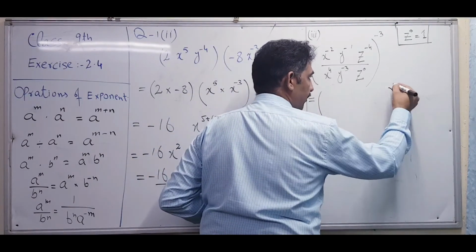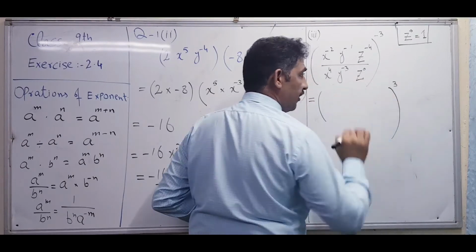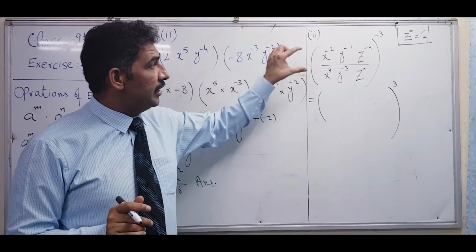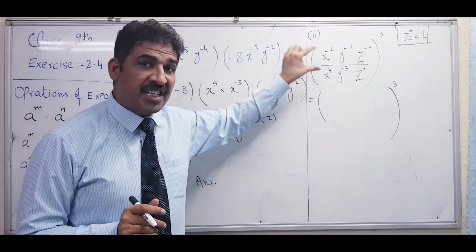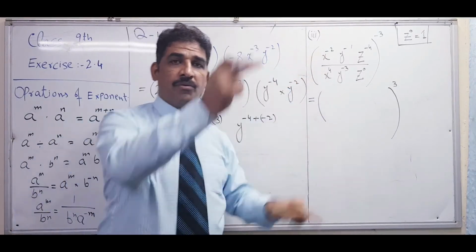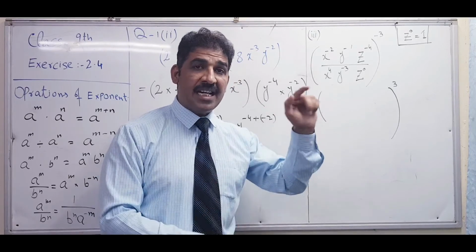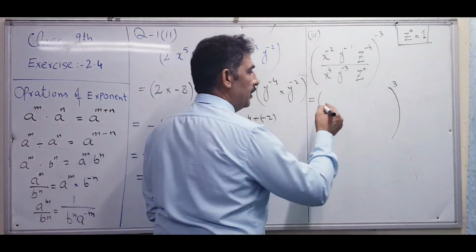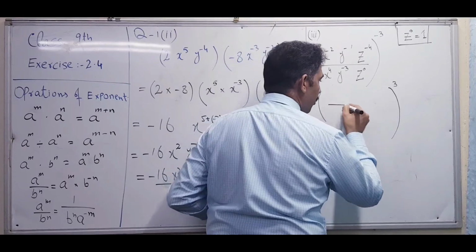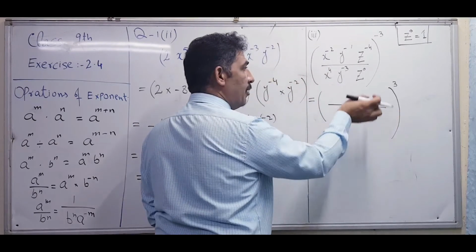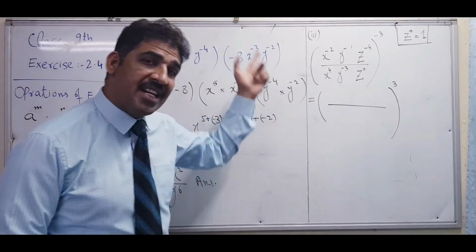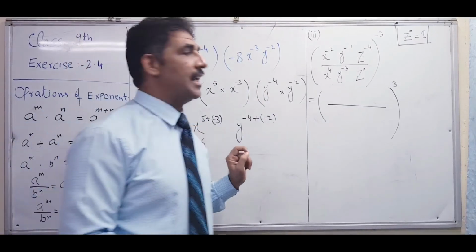If it's negative, then you have to write positive 3. The rule is that the inner part, if it is in fraction form, you have to make its reciprocal. So when you make its reciprocal, the denominator will become the numerator and the numerator will become the denominator.